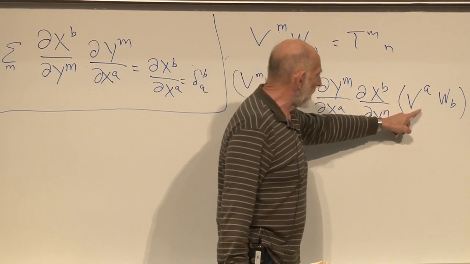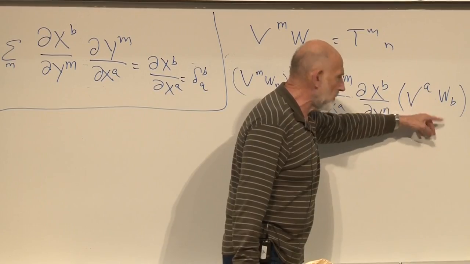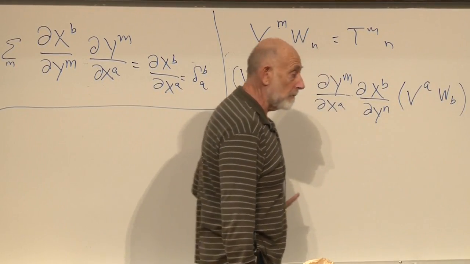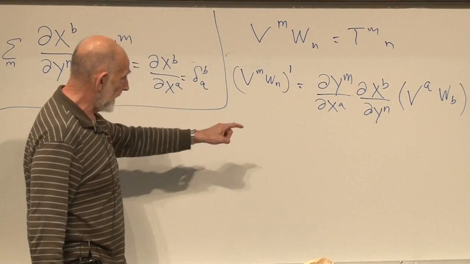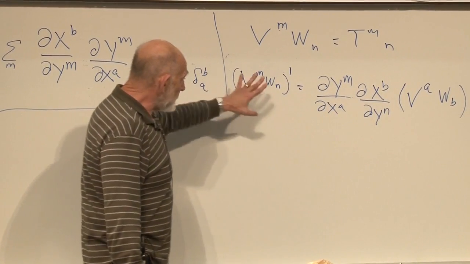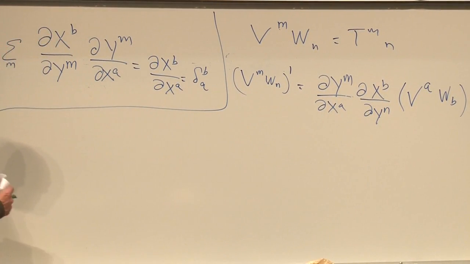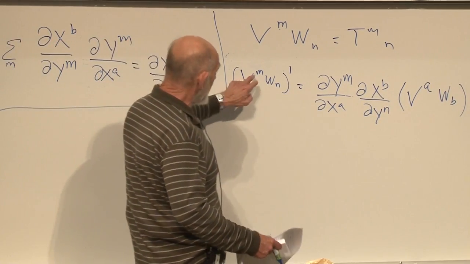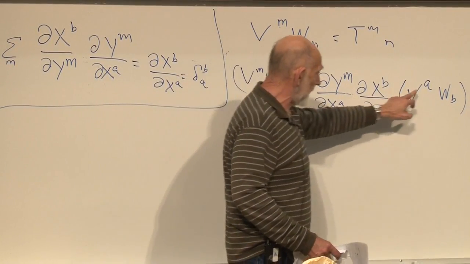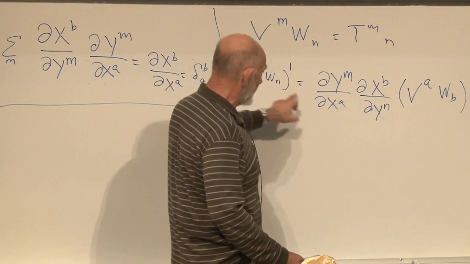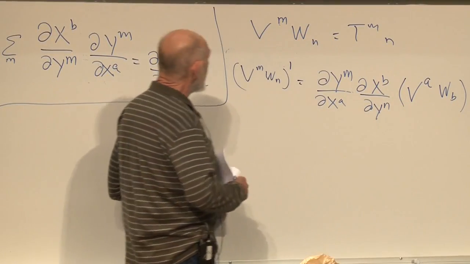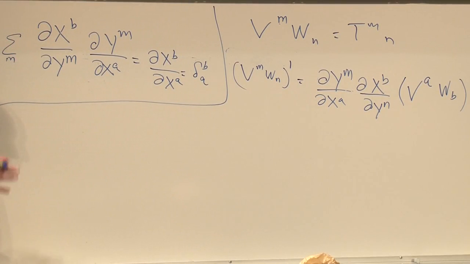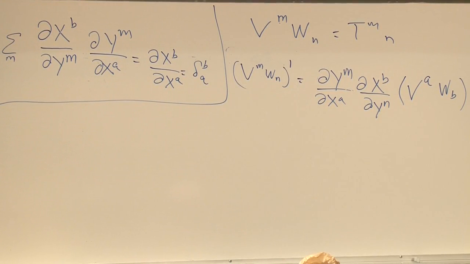And then we multiply by the same tensor, except the tensor in the unprimed components, the AB components. This is the transformation property of the rank 2 tensor with one index upstairs and one index downstairs, the primed version of it and the unprimed version of it. Now let's set M equal to N and contract the indices.